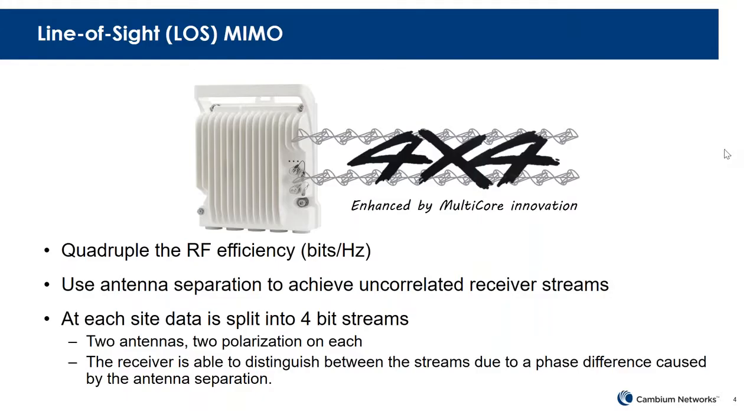So 4x4 MIMO. So here's the thing. Suppose you cannot get enough RF resource. Oh, sorry. It looks like the slide is not showing on the screen.